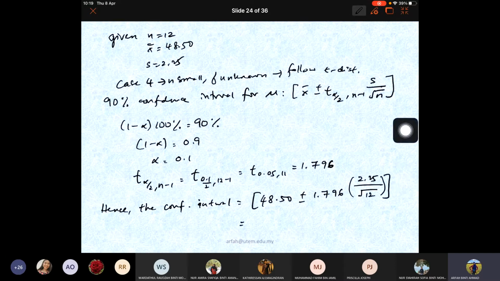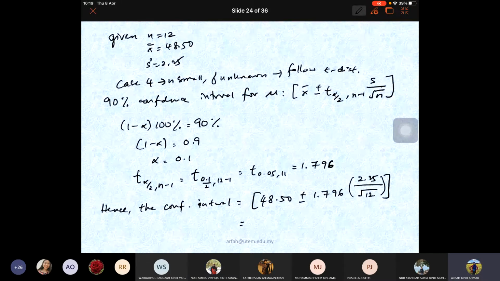Okay. So, cuba kira dapat berapa? Is it sama dengan jawapan? Tak. Tak sama? Kenapa? Sebab dia kata 2.25 tu nilai variance kan cik? Bukan standard deviation. Oh, bagus Mira.